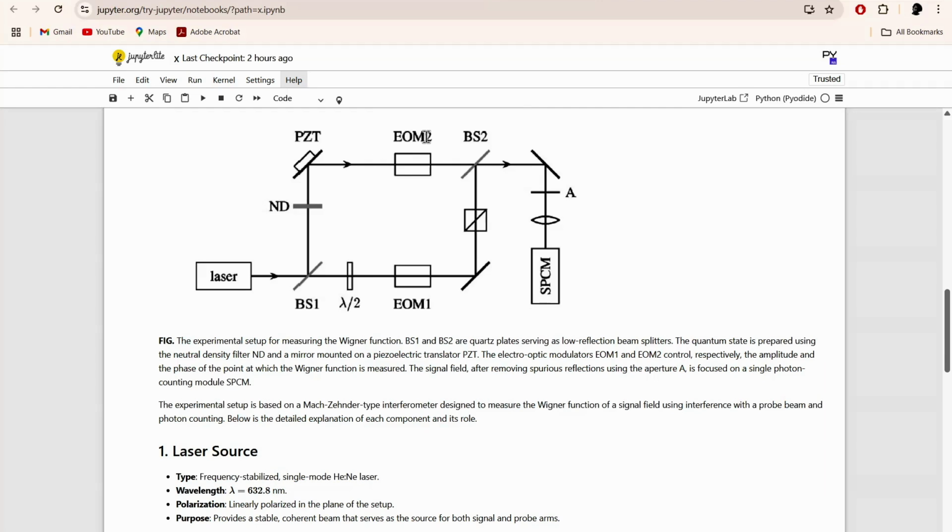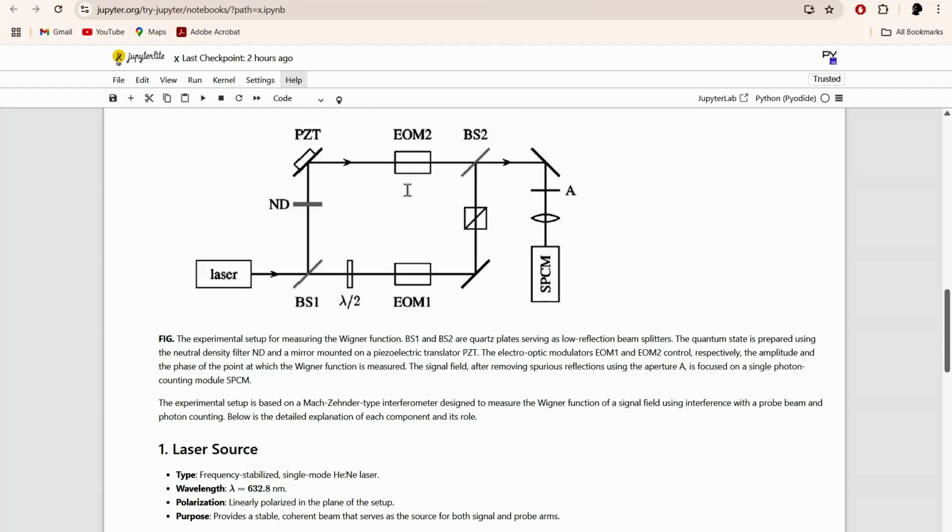And what this EOM2 is doing is introducing a phase shift. The electro-optic modulator is based on the principle of the Pockels effect, which depends linearly on the voltage we are applying.